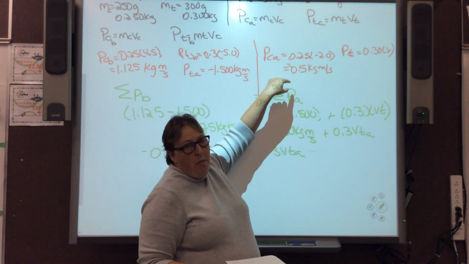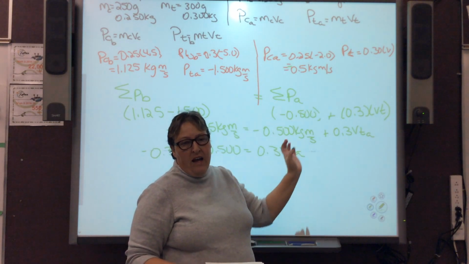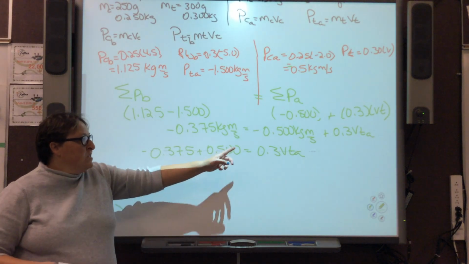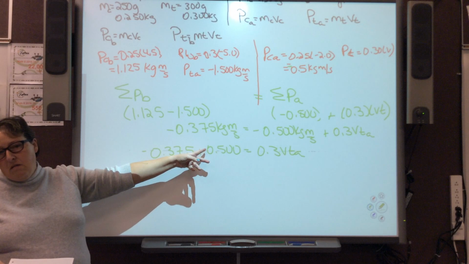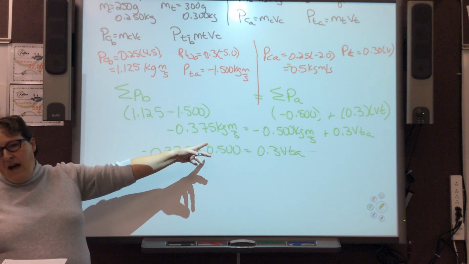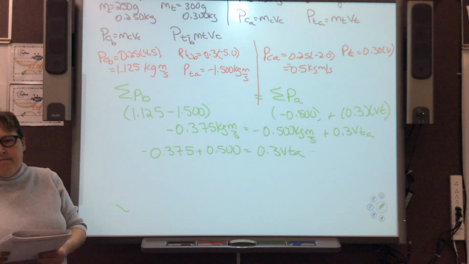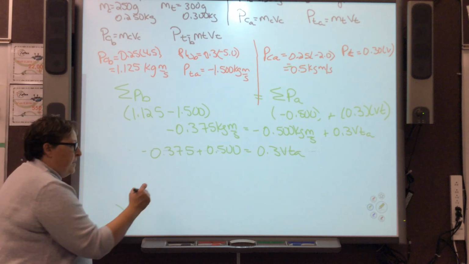It should be the sum of the momentum of the car plus the truck. This one here is negative, and when I bring it over to this side, it becomes positive, right? I have to add 0.5 on this side to get rid of it. Okay. So what do we get for a value? 0.125.